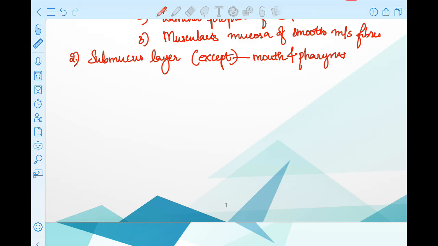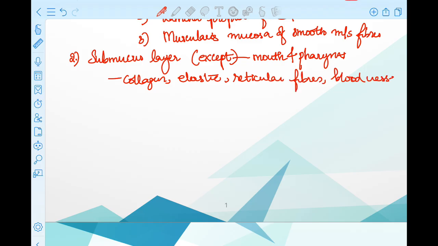It contains the loose collagen, the elastic, and the reticular fibers, then also the blood vessels and the lymphatic vessels, as well as the nerve plexus. So this is a very important layer.